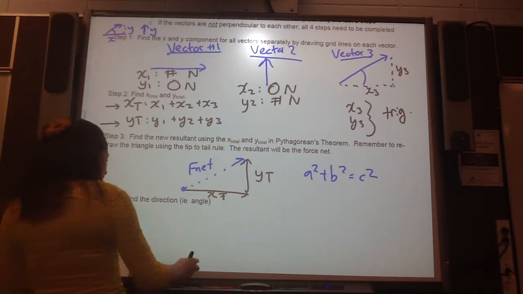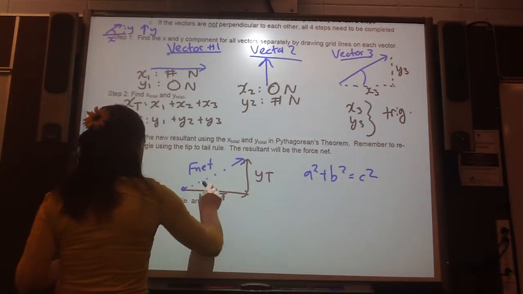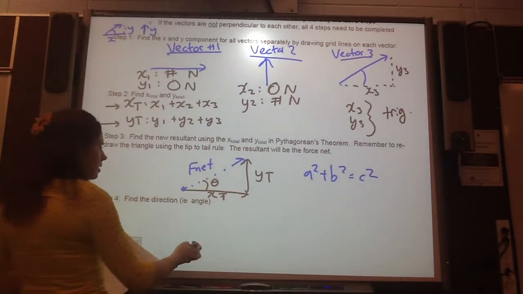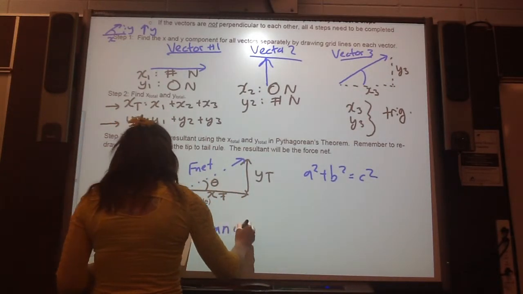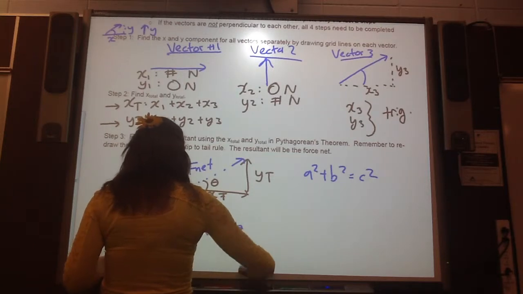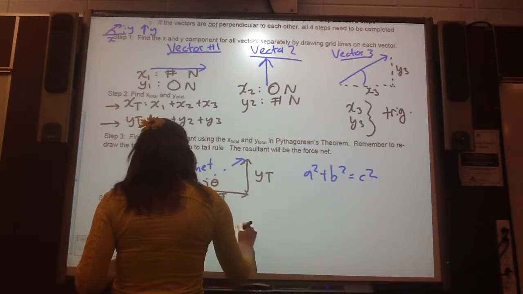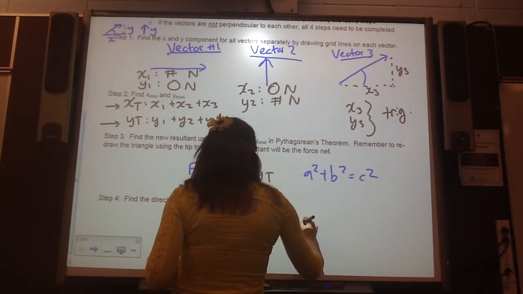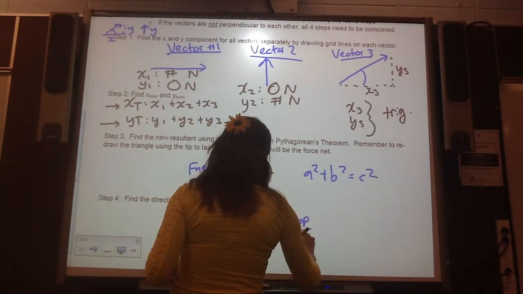And you find the direction using your trigonometry. So in this case, it's tan theta, or theta equals tan inverse, sorry, times by opposite over adjacent.